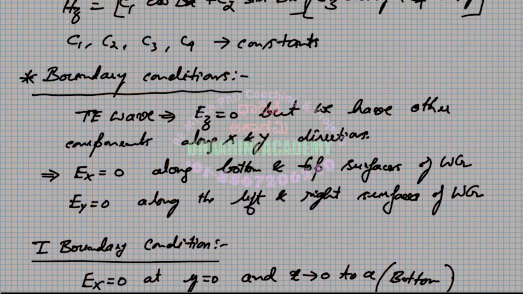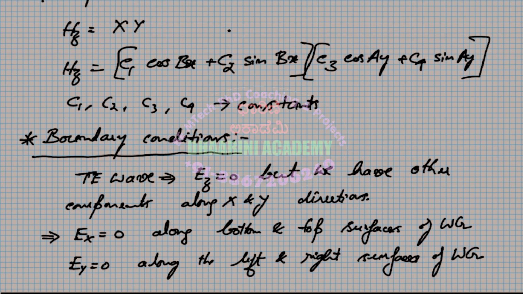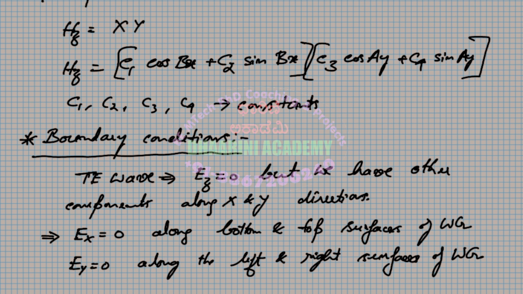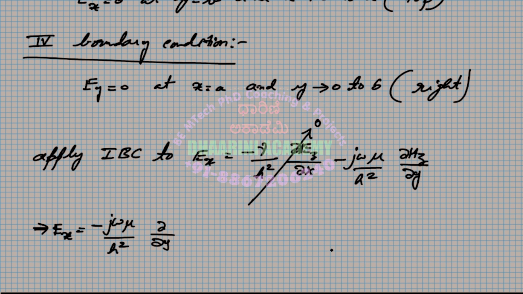Hz is this whole equation, in which my intention is to find out C1, C2, C3, C4. I'm trying to substitute into that. So this is dou by dou y of Hz. Let's substitute. We have two terms. One is a term containing x: C1 cos bx plus C2 sin bx.